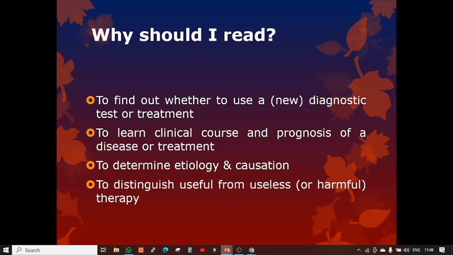That is why they search for your research paper and read it, to find whether it is a new diagnostic, for example in biomedical research, or a new treatment method you have evolved, or to learn clinical resources, determine etiology and causation, or distinguish different useless therapies. These are examples of why you would be interested to read biomedical research.